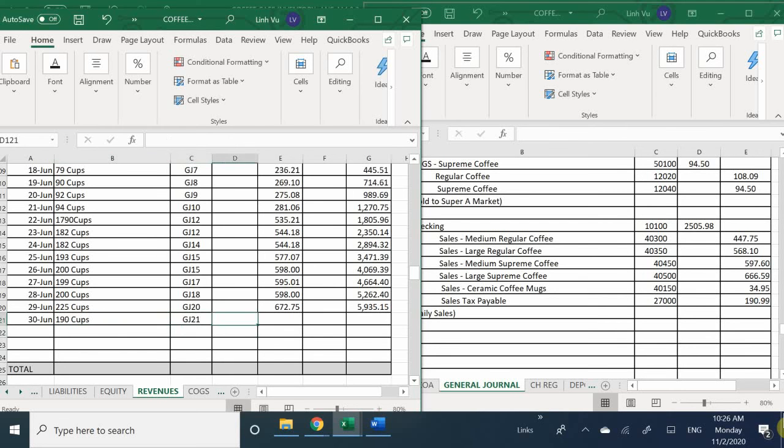So how much is my total amount for the large regular coffee? Can I see the chart of accounts, please? I also have the general journal on my screen as well.